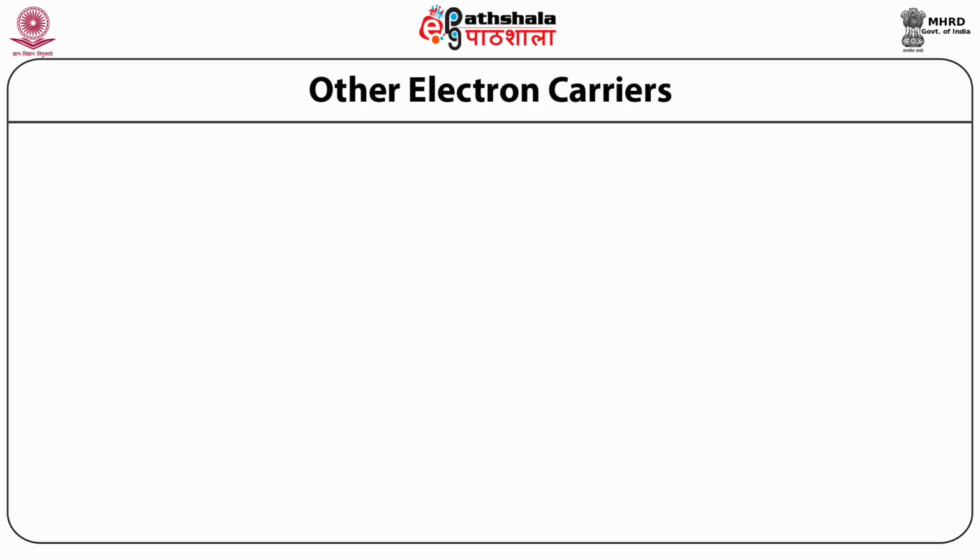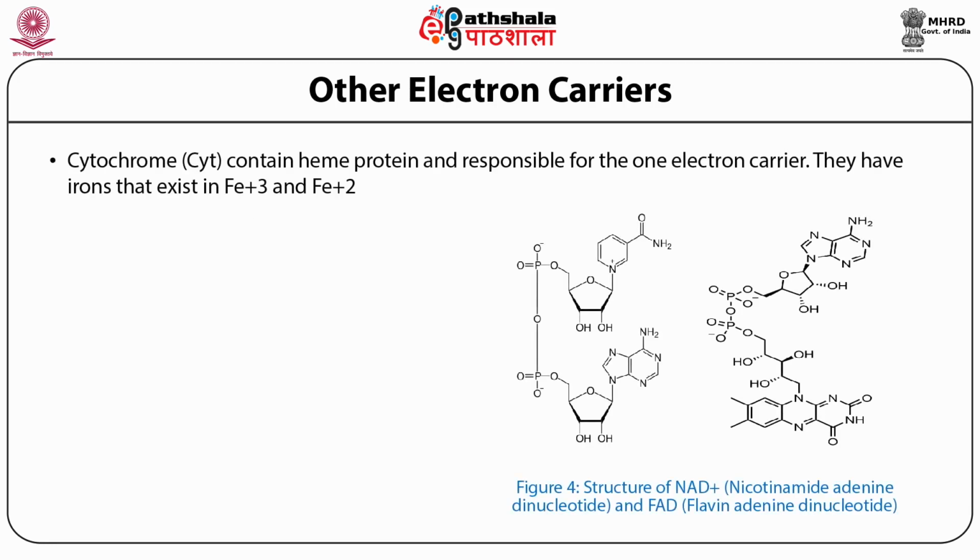Other electron carriers found in the mitochondrial inner membrane are cytochromes. Cytochrome contains a heme protein, which is responsible for the stability of the structure of the cytochrome, and they also have iron, which is responsible for carrying the electrons. The iron found in cytochromes exists in 2 forms, Fe3+ form and Fe2+ form.